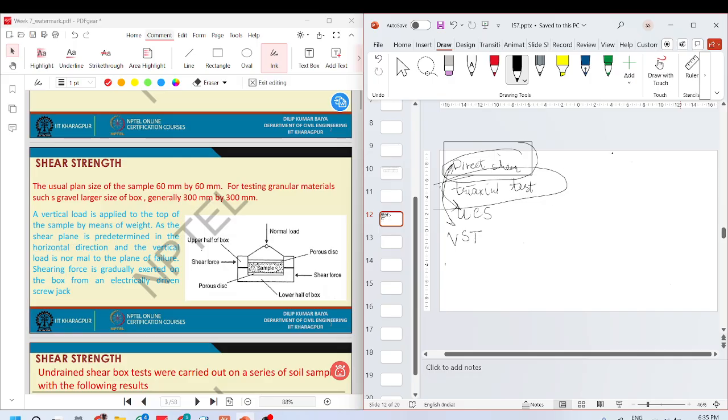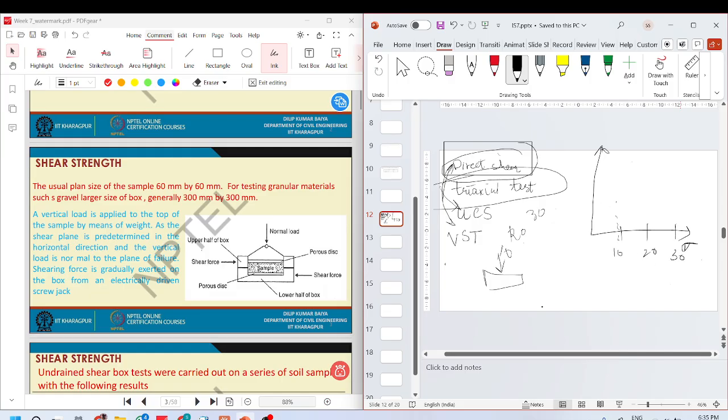You will know the normal stress already, since you are providing it over here, maybe at 10 kPa, 20 kPa, 30 kPa. You do this for three loadings. This is the normal stress.